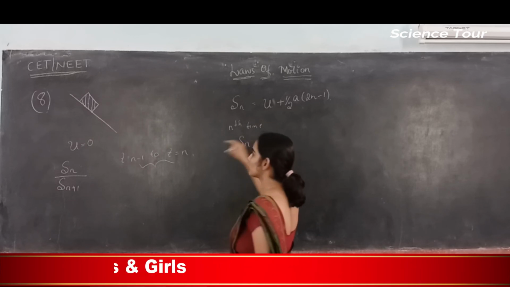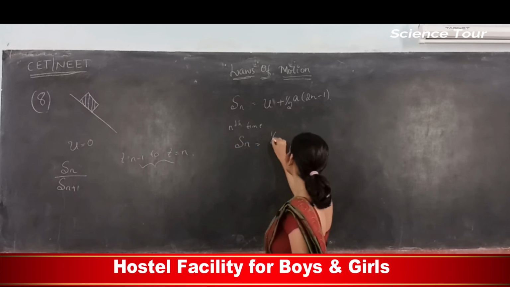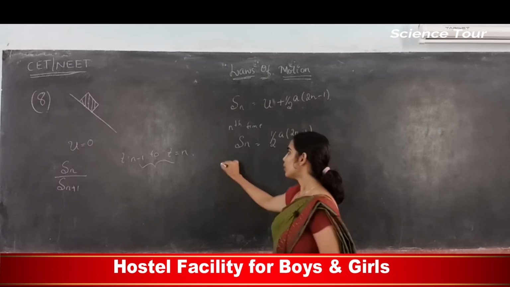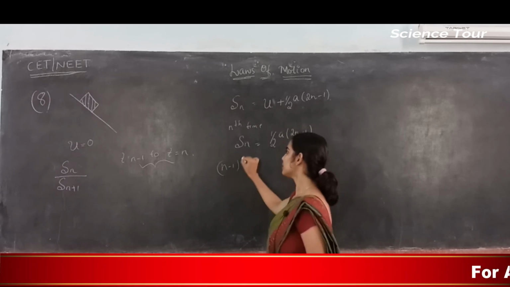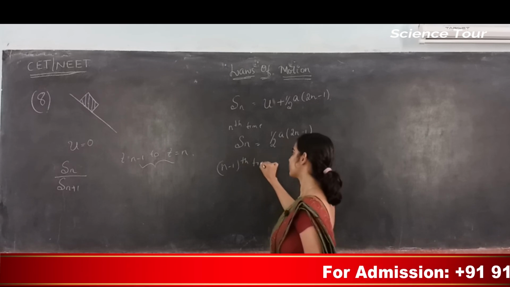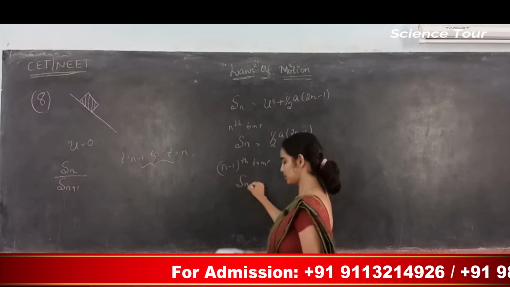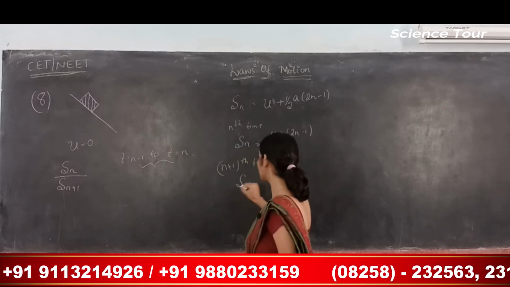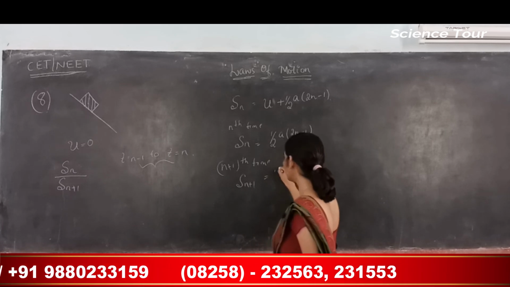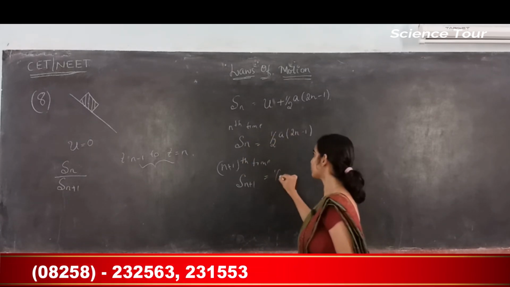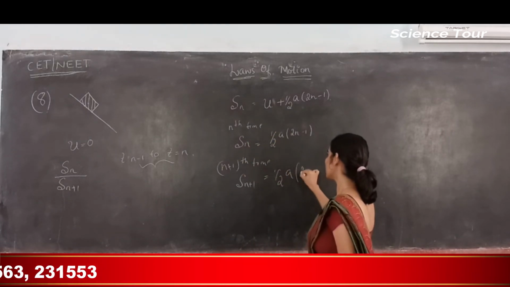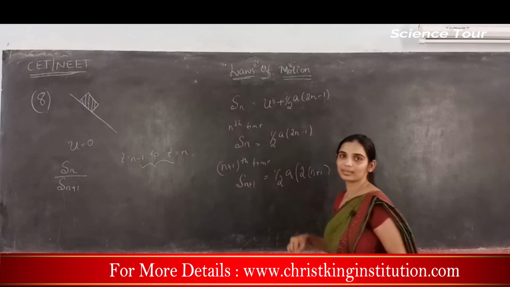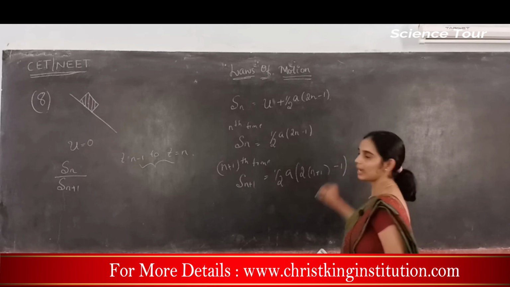Sn is equal to, here u is 0, so half into a into 2n minus 1. What is the distance travelled in the n plus 1th second? Sn plus 1 is equal to, u is 0, so half into a into 2 into, instead of n we should write n plus 1, minus 1. I hope you are following.